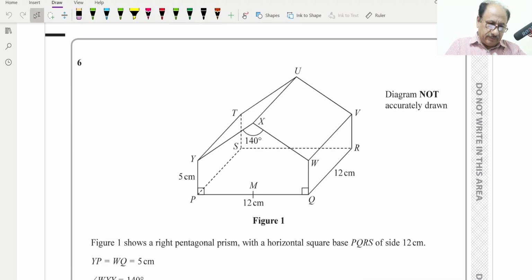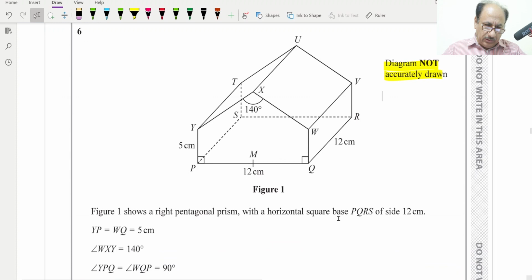Question number 6. The diagram is provided which is not accurately drawn, and figure 1 shows a right pentagonal prism with a horizontal square PQRS. Side is 12 centimeter. So these two sides are 12 centimeter. The other information provided is this one is 5 centimeter, and WQ is also 5 centimeters.